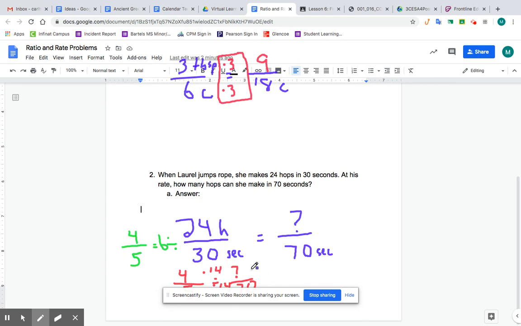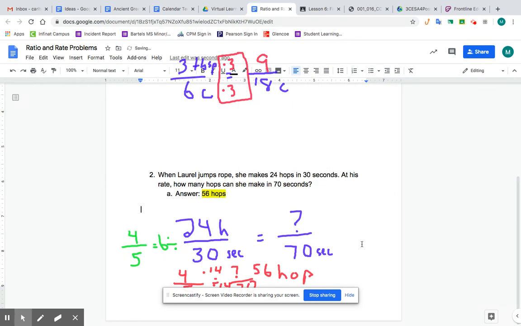And when I multiply 4 times 14, I end up with an answer of 56. And if we remember, we need to make sure we label, and so that would be hops. So I come up here, and 56 hops is the correct answer. I'll highlight that.